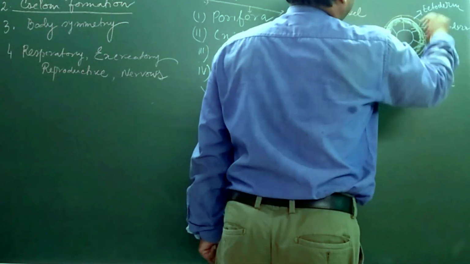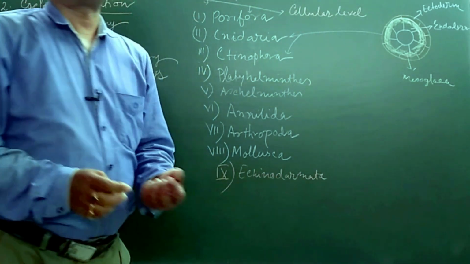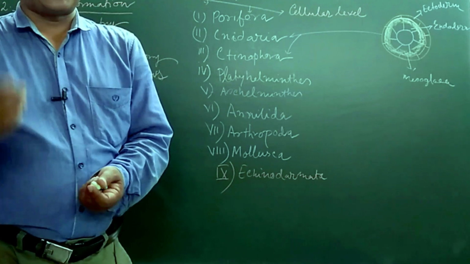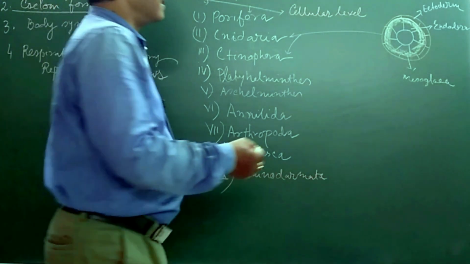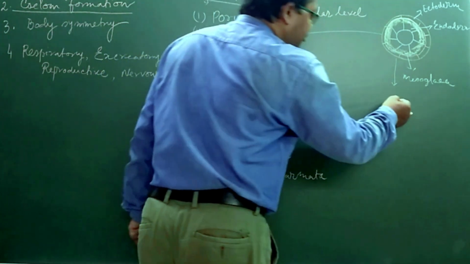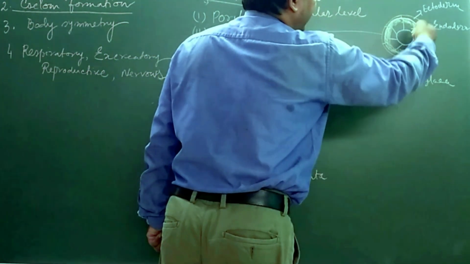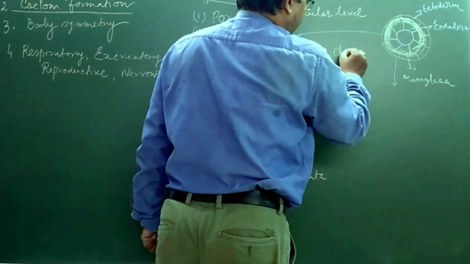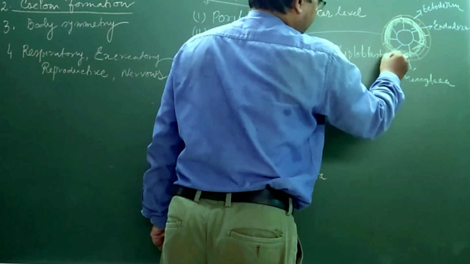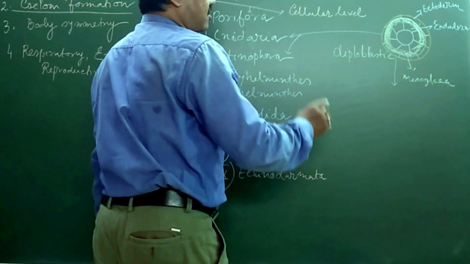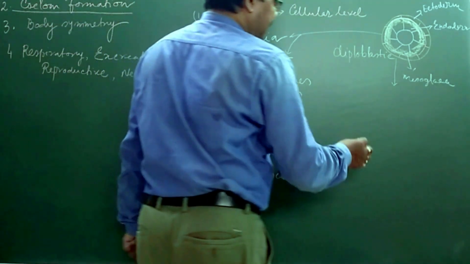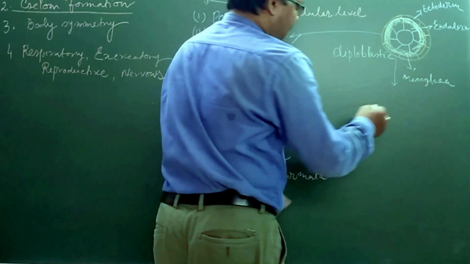Then, as evolution goes on, more complex characters appear in body organization. This two-layered structure is called diploblastic. Then the two-layered structure converts into a three-layered structure, called triploblastic. What is the triploblastic nature?